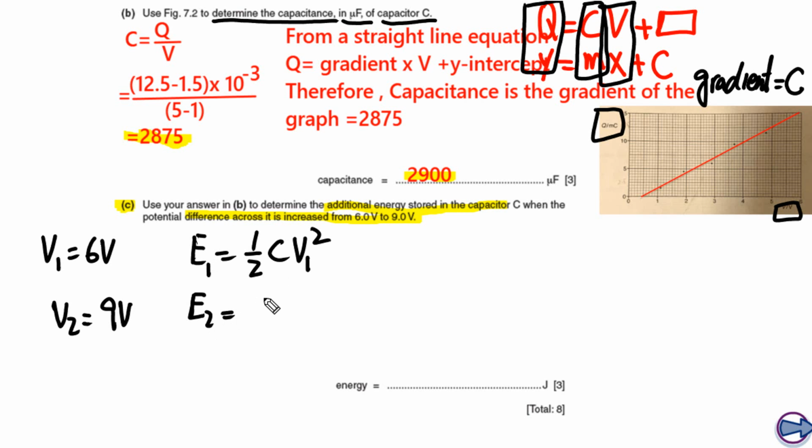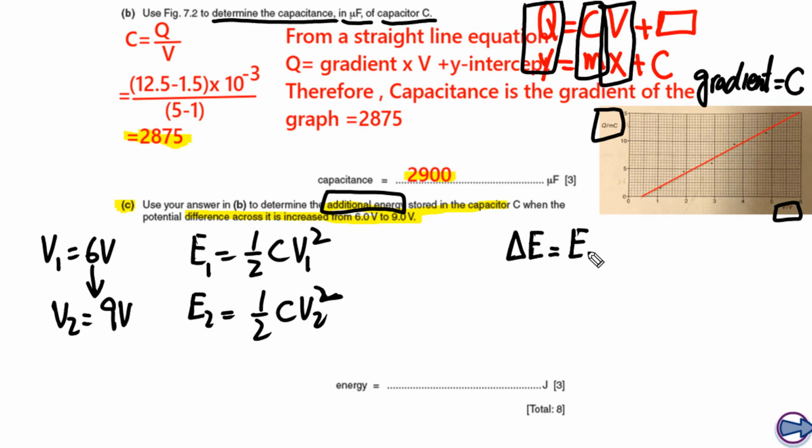This is V1, and here we have 1/2 CV2 square. Now we need to find the additional energy if the potential difference increases from 6 to 9. It means we need to find the difference between these two: E2 minus E1.